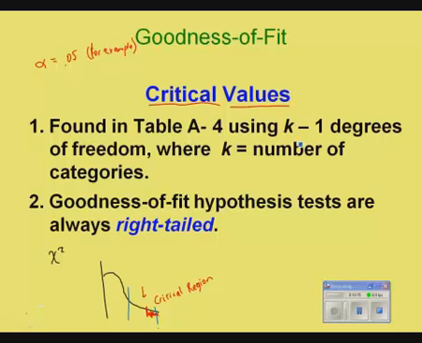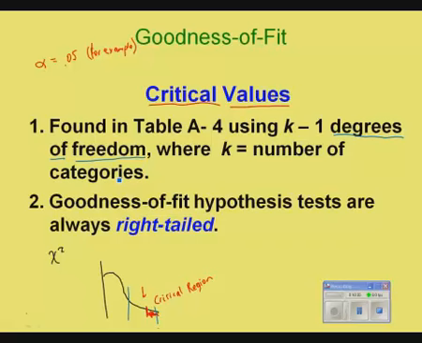Oh, one other thing. Remember the old degrees of freedom? You will find on that pull-out card, table A4. I think it's the only big one on there we haven't used yet. So actually, I will pull that out for you.